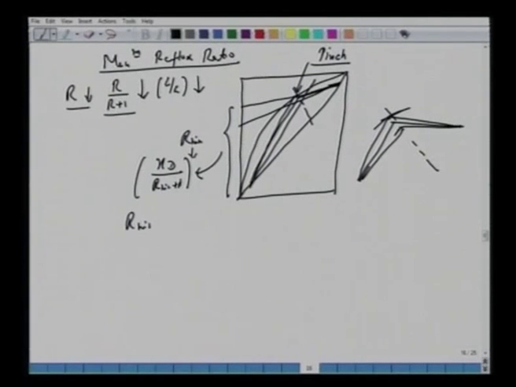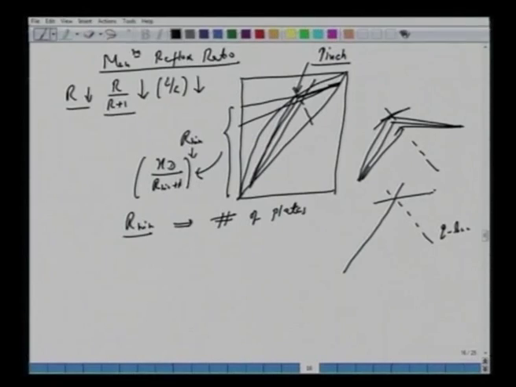So at this minimum reflux ratio, you have an infinite number of plates. So the method of finding this minimum reflux ratio or the maximum reflux ratio is the same. You start by fixing the Q line. You know the compositions of the two streams. So you have, say, a general operating line like this.